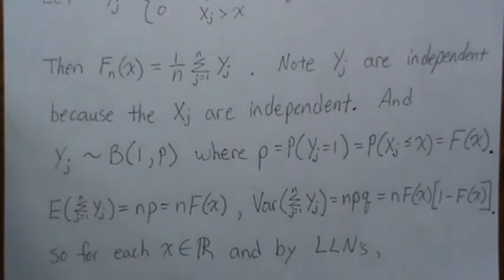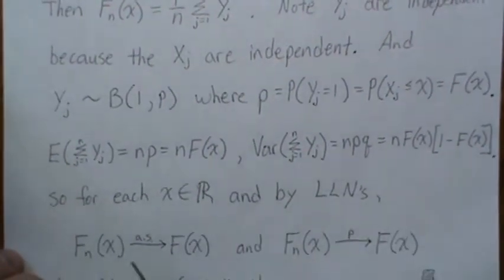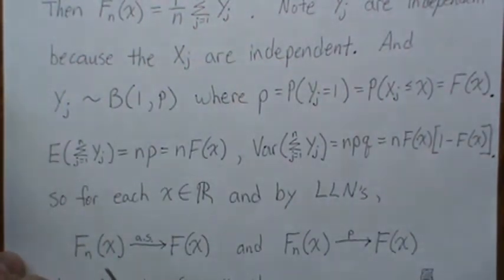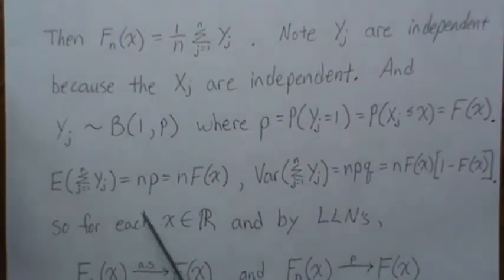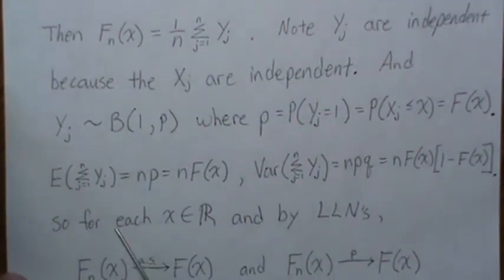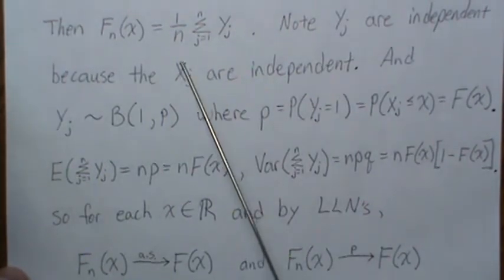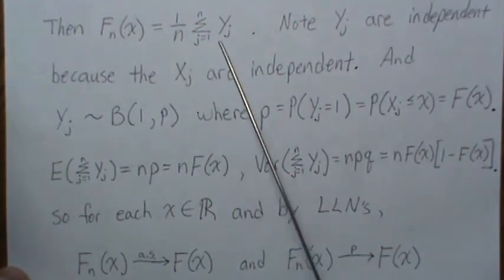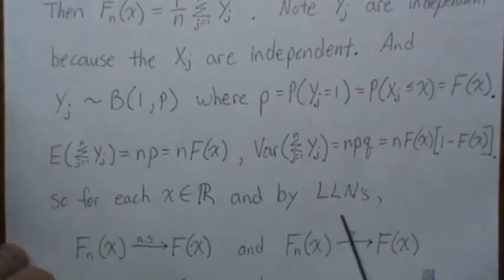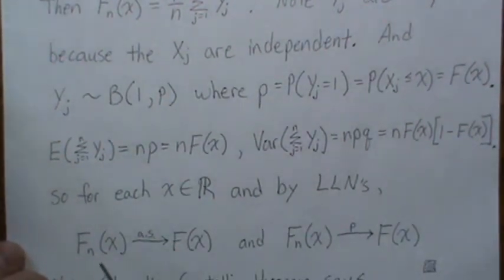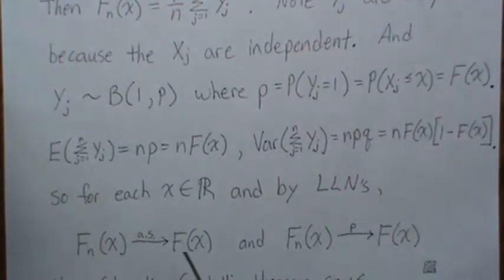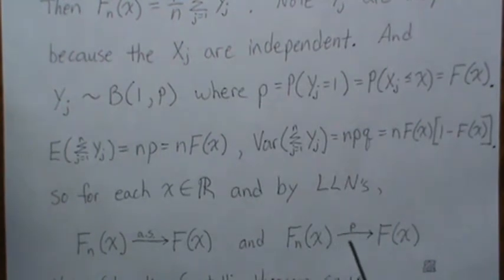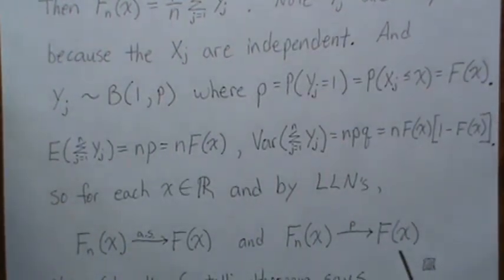And so for each x, by the law of large numbers, remember that the sample distribution function can be thought of like a sample mean. It's the sum divided by n. So by the law of large numbers, our sample distribution function converges almost surely to the population CDF, and it also converges in probability to the population CDF.